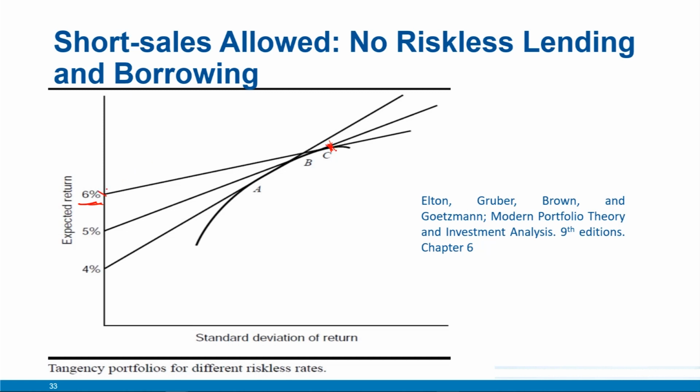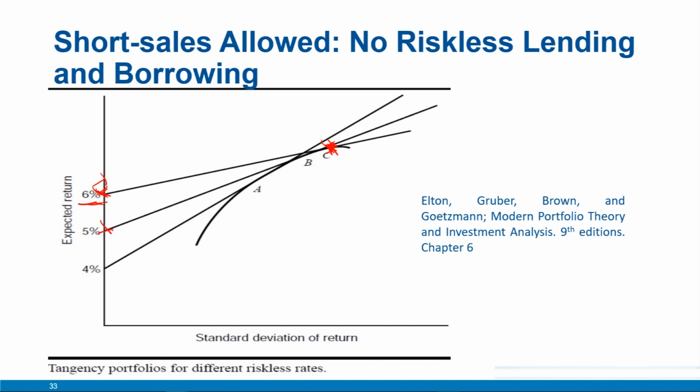For example, if 6% were to be the rate, the tangency point that will go through this C would be essentially a point on the efficient frontier. However, in case there was a risk-free rate of 6%, then this would be a market or dominating portfolio. But we are assuming that this is a hypothetical rate, so this is rather a point on the efficient frontier only, not best among all, but just a point on the efficient frontier.